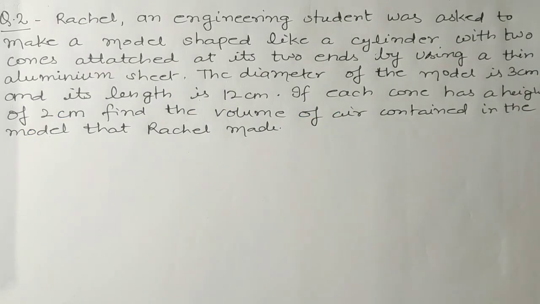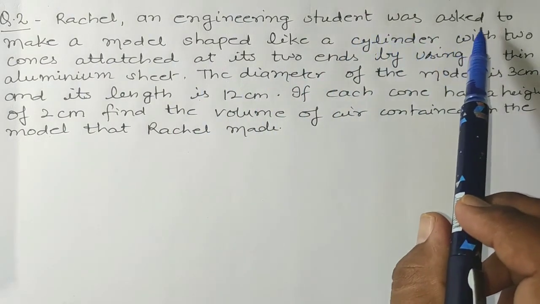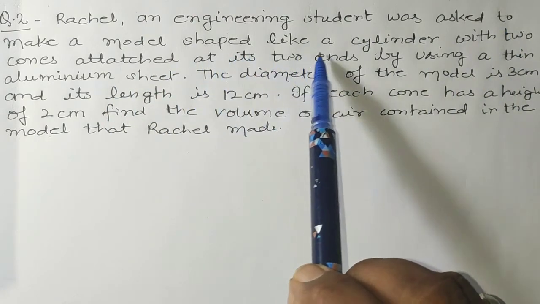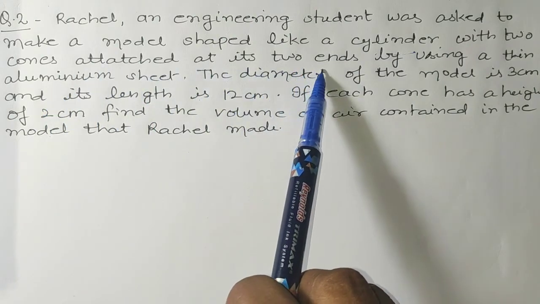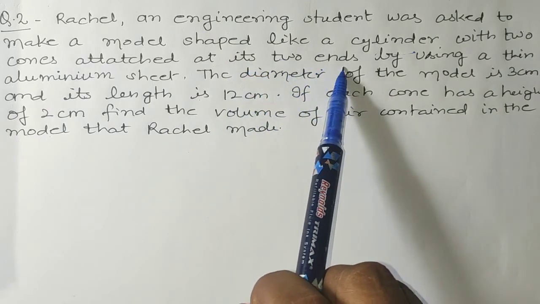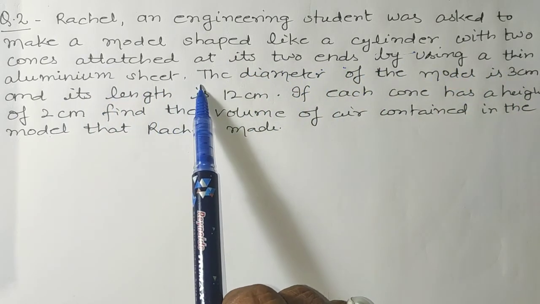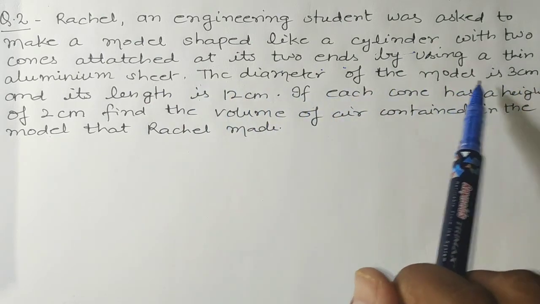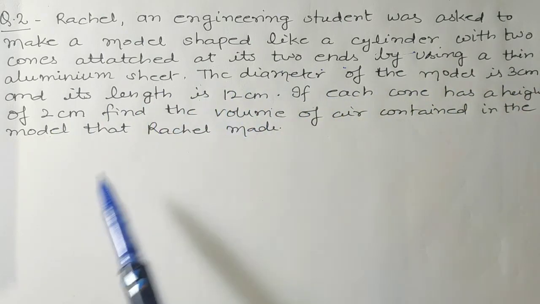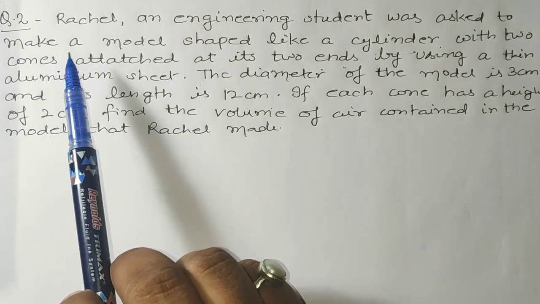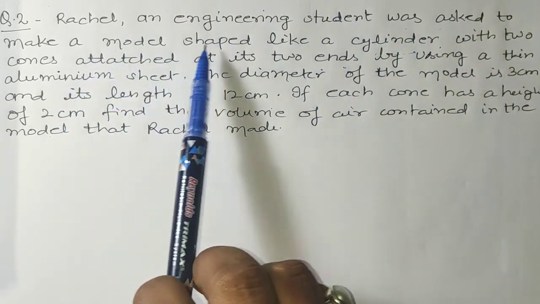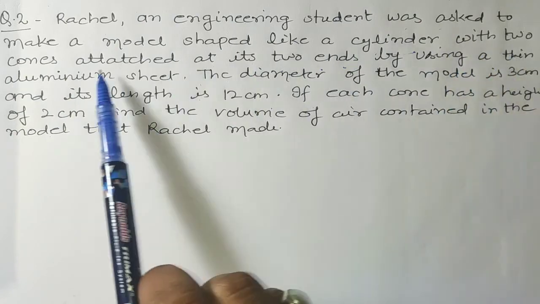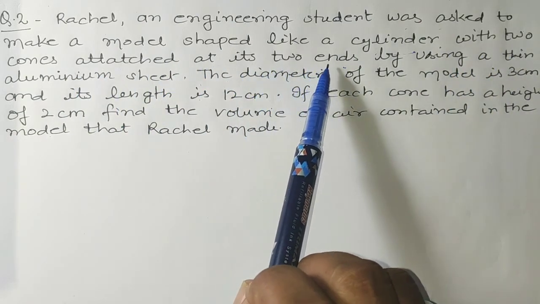Question number 2 is: Russell, an engineering student, was asked to make a model shaped like a cylinder with two cones attached at its two ends by using a thin aluminum sheet.